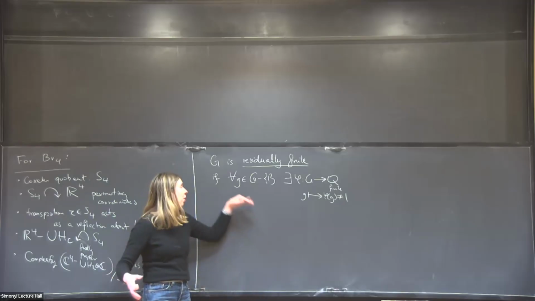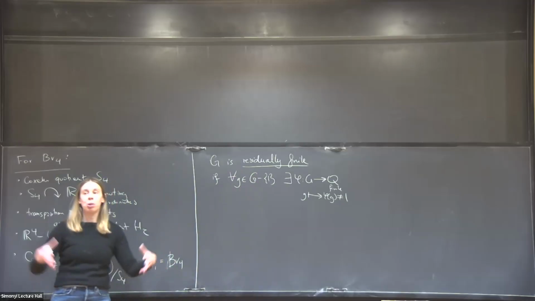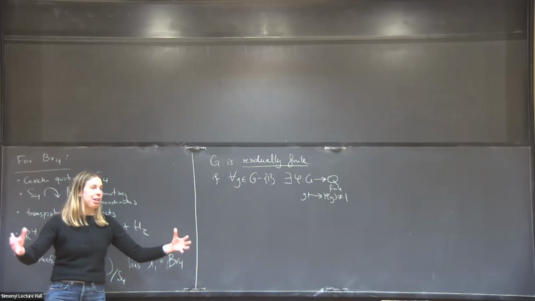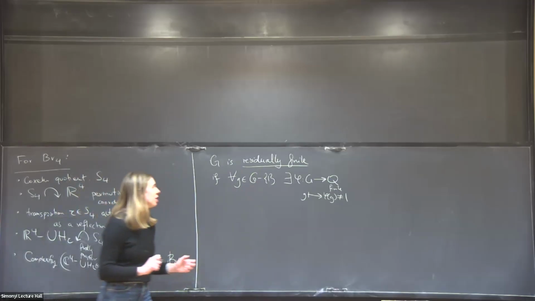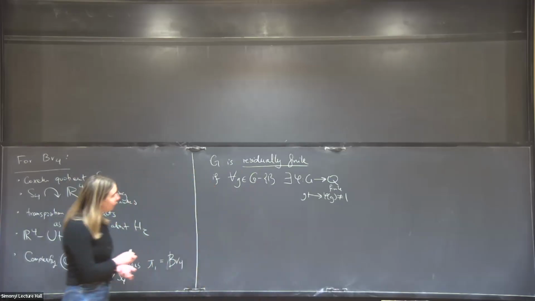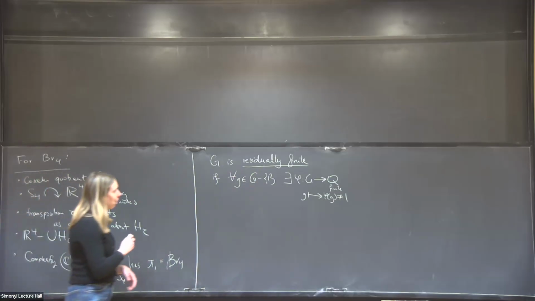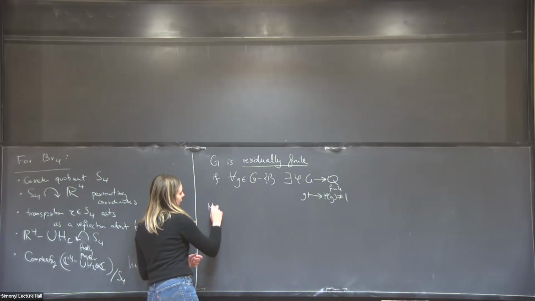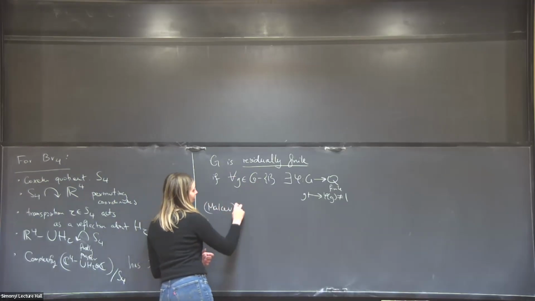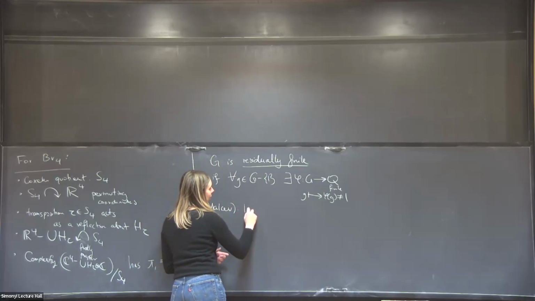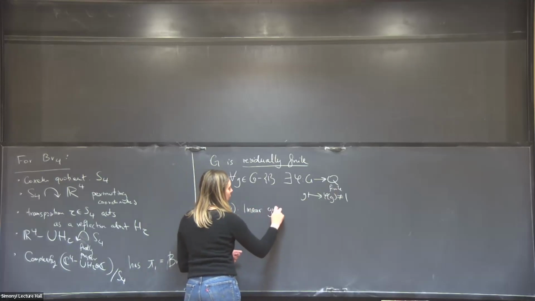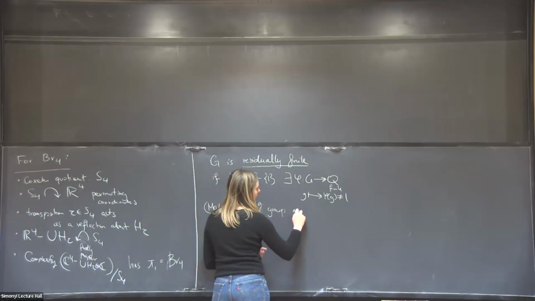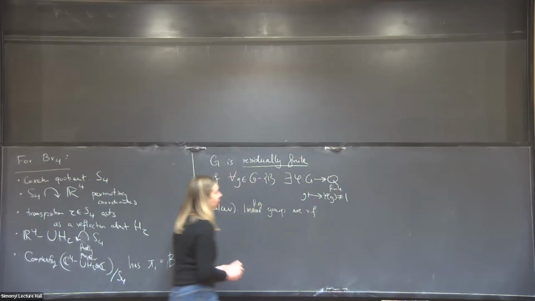So you can think of this property as being able to approximate finite portions of the Cayley graph by finite quotients arbitrarily well.